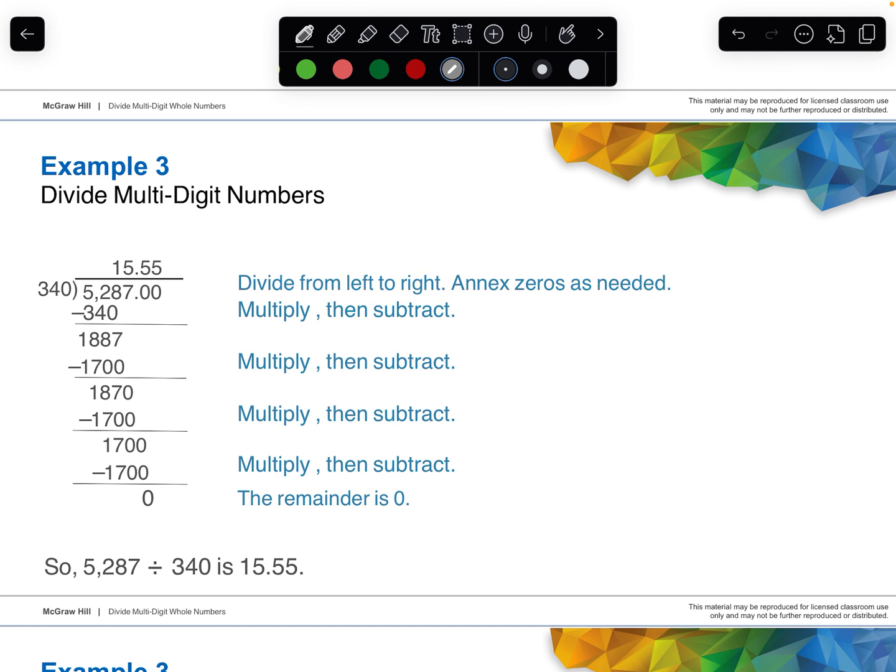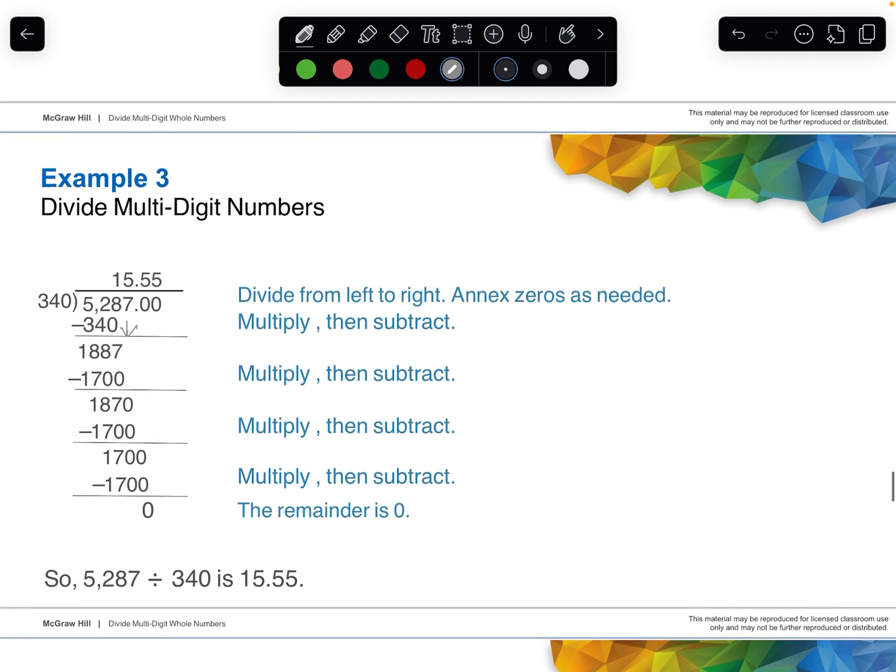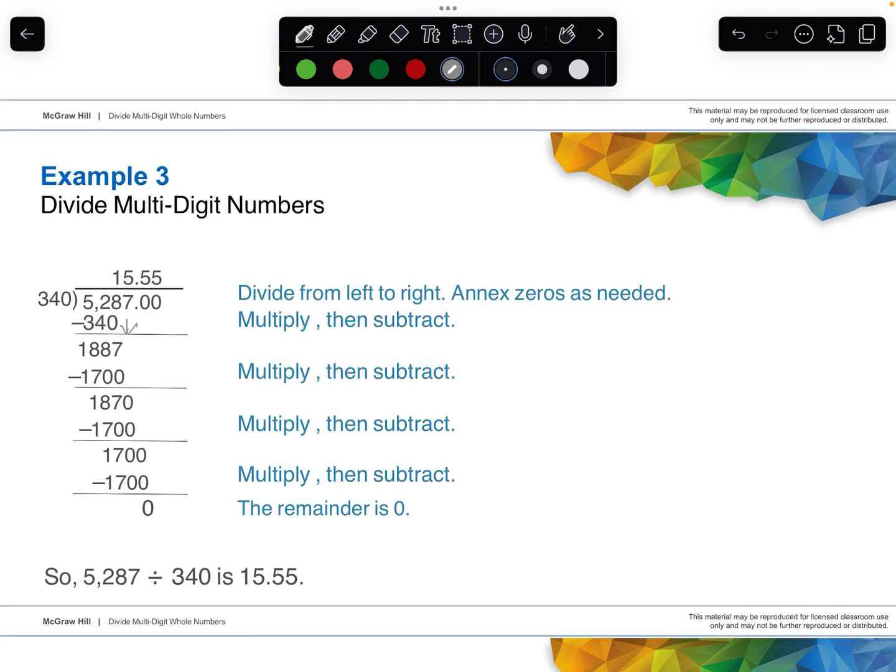So I subtract 340, I get 188. I carry down the 2. After that, I start my decimals. I can carry down this 0 and this 0, which gives us a quotient of 15.55.